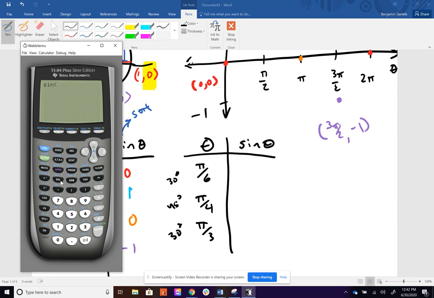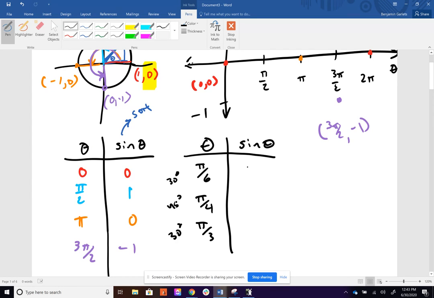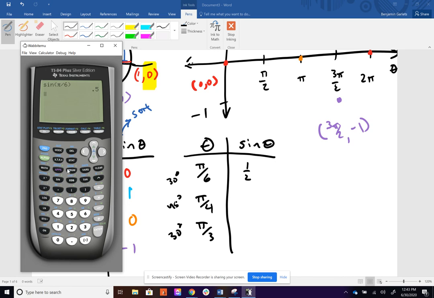So if I take the sine of pi over 6, I'm going to get 1/2, 0.5. All right, let's take the sine of pi over 4, 0.707.